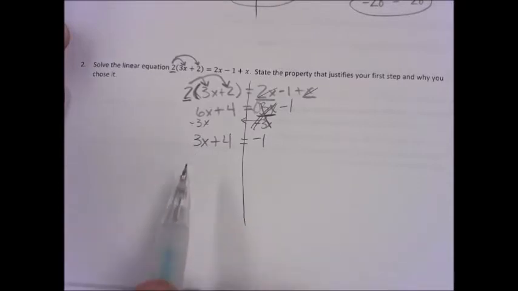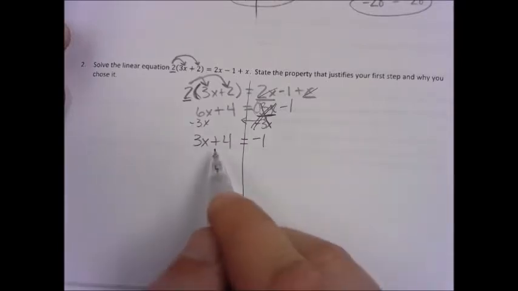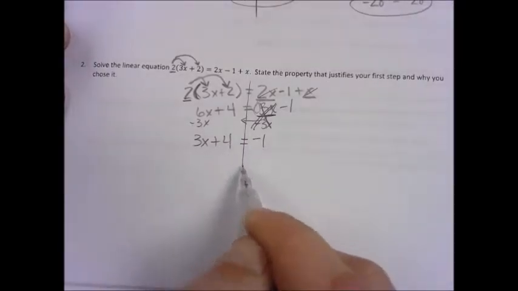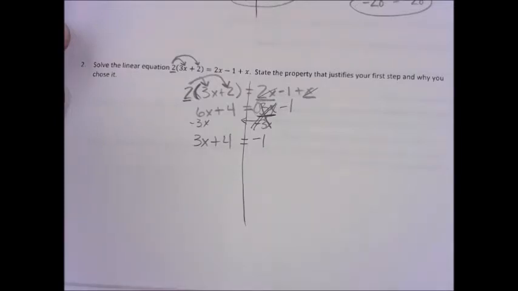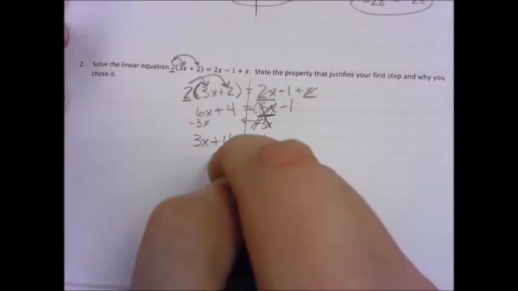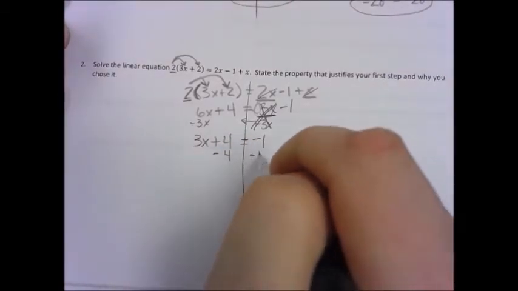So now my sole purpose on the left side of this equation is to get x by itself. The easiest thing for me to do first is to move this positive 4 to the other side of the equation. And how do I do that? The inverse operation. The inverse operation of addition is subtraction. So I have to subtract 4 from each side.